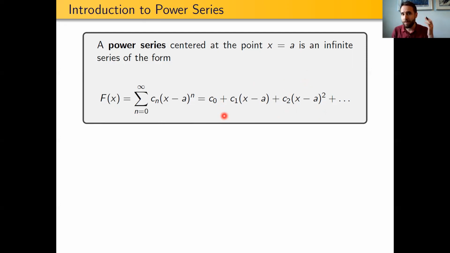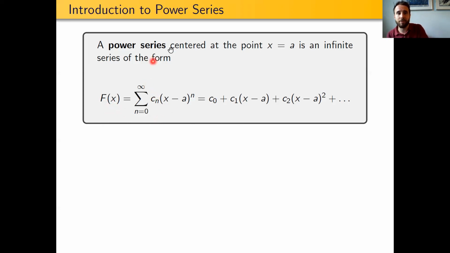I want to highlight that this really is a function in the sense that it does take real numbers as input values. So plugging in a value like an x, the output is a real number, assuming that the associated series converges.